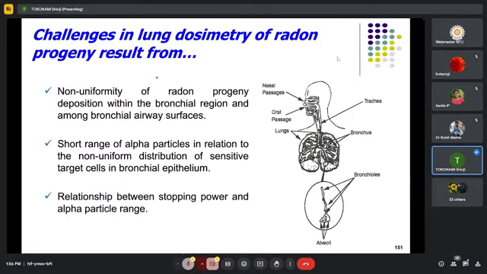Here are challenges in lung dosimetry of radon progeny.